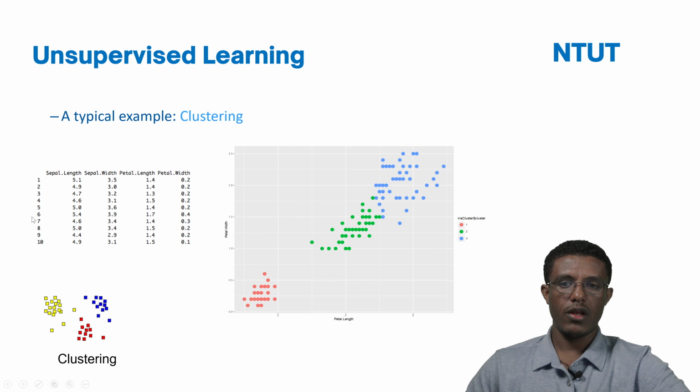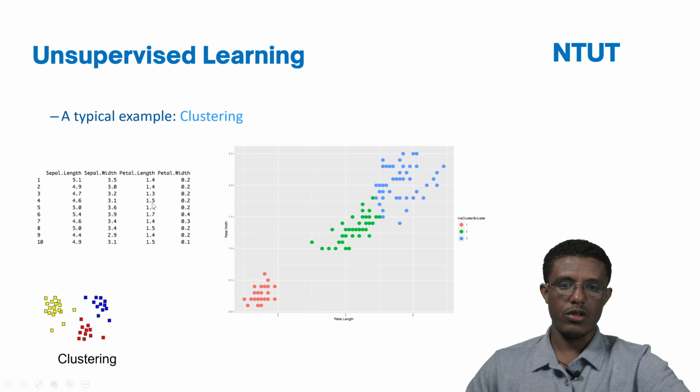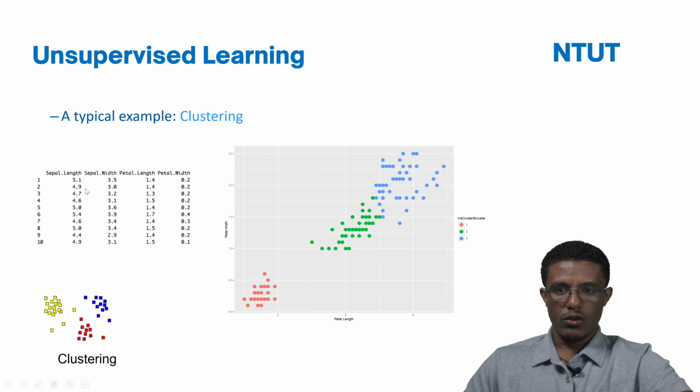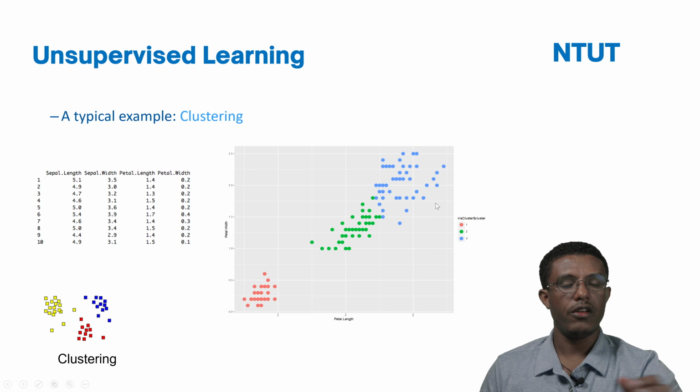For example, this is data that has different attributes, about the iris flower. There is sepal length, sepal width, petal length, and petal width. Based on this information, we cluster into groups, and there are 3 different clusters.